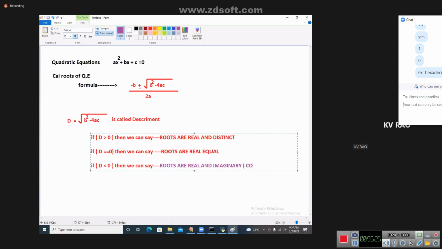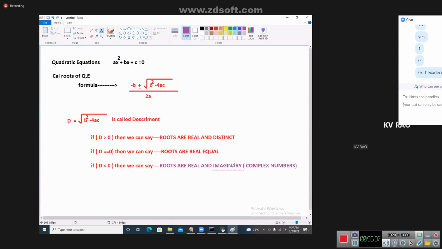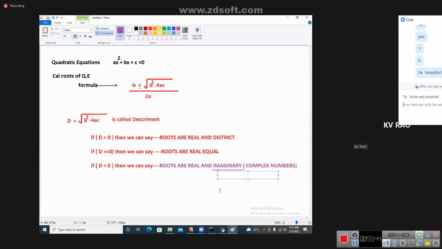Imaginary is nothing but what? Complex numbers. For representing imaginary numbers, we use complex numbers.